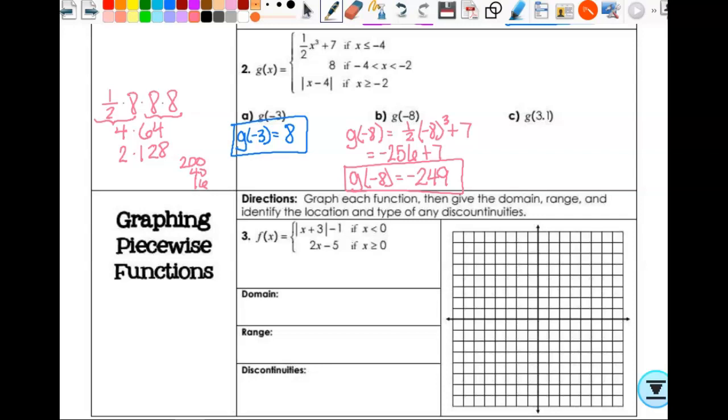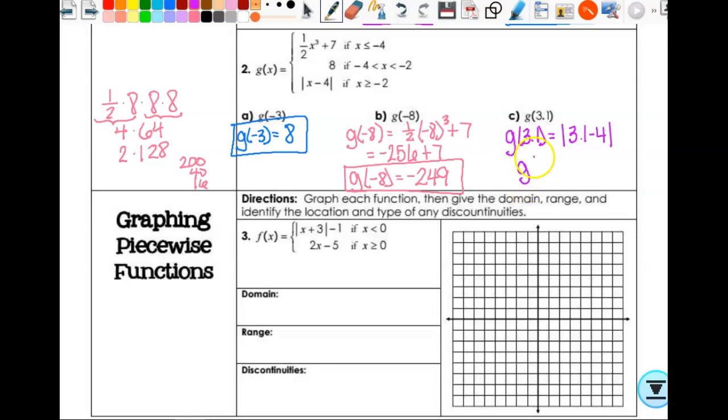We good? Okay. So then we have g of 3.1. Where does that fall? The third one, right? So I get the absolute value of 3.1 minus 4. So what is 3.1 minus 4? Negative 0.9, right?